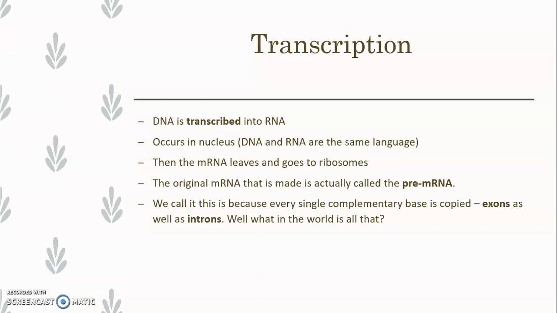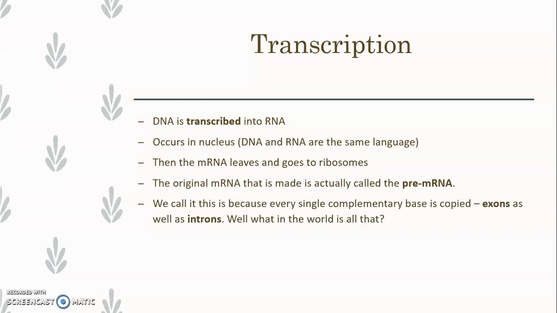Now, one thing that I have not told you about yet is that the first mRNA that gets made, so from DNA to the mRNA, that first part that gets made is actually called pre-mRNA because we have to do some stuff to it before it's considered mature, ready to go, ready to leave the nucleus mRNA.